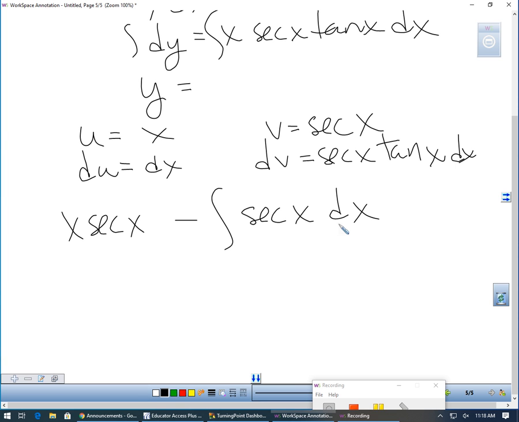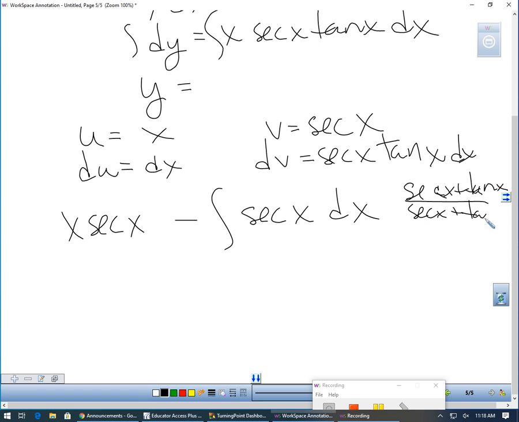Now, I brought this one up again just because, and you guys probably won't see it on the AP test at all, but I do want you to be aware for future knowledge. We had one of these back in 7-2, and it gave you that we should multiply this secant x by secant x plus tangent x to both the top and bottom. Do you guys remember when we did that?